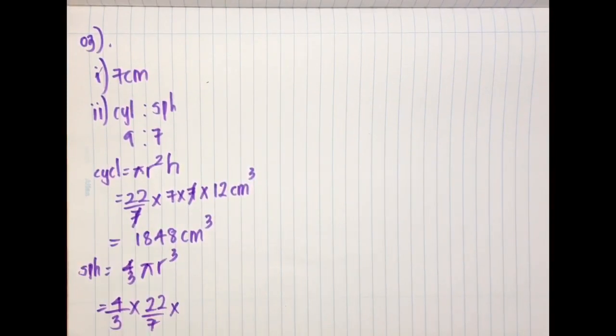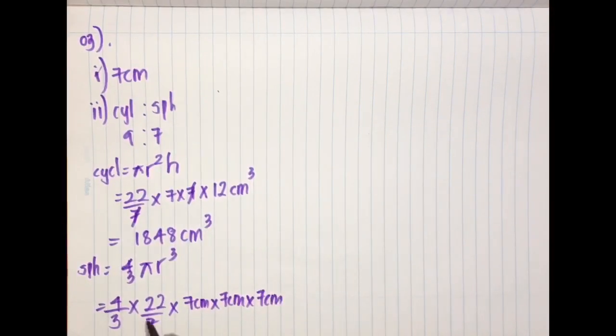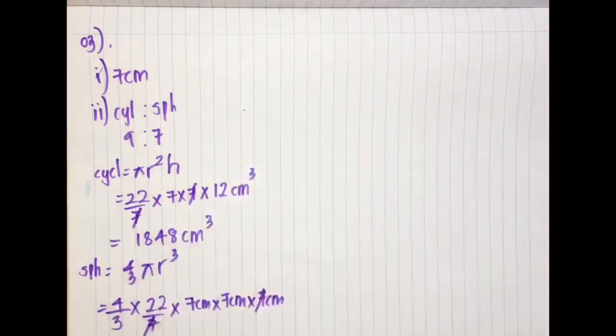What is the radius of the sphere? Yes, it is equal to 7 centimeter. Diameter is given as 14 centimeter, therefore radius is equal to 7 centimeter. So even here you can cancel out one 7, and then when you simplify, okay, if you want, we all simplify, or else I'll go straight to the ratio.